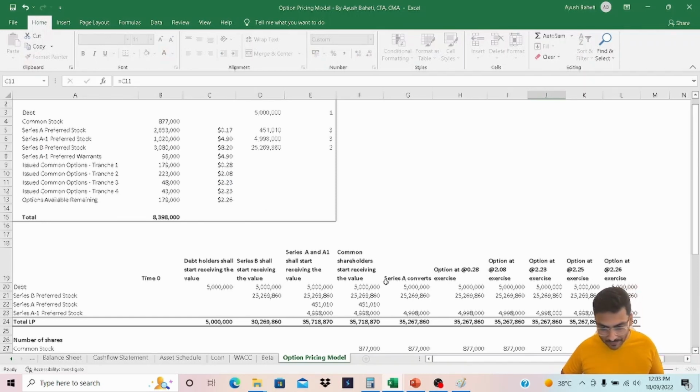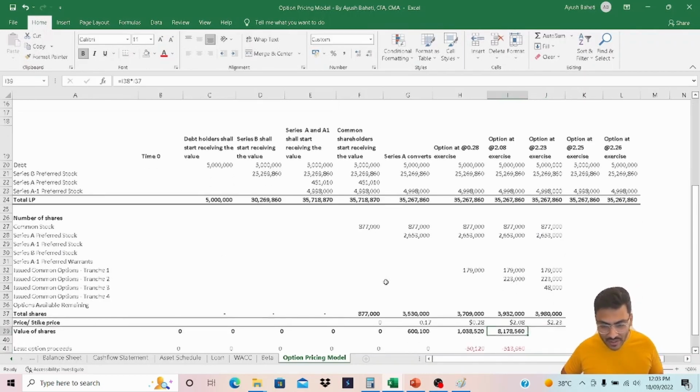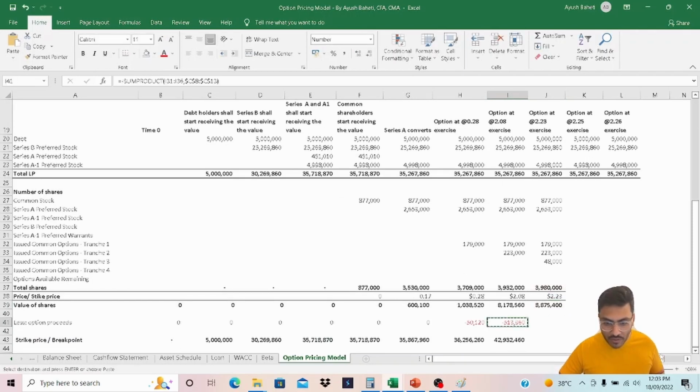Now at this stage, the value of share is 2.23 and all the shareholders are receiving value on the basis of this 2.23. So this is the total value of shares and this is the cumulative option proceeds. And this is the strike price.